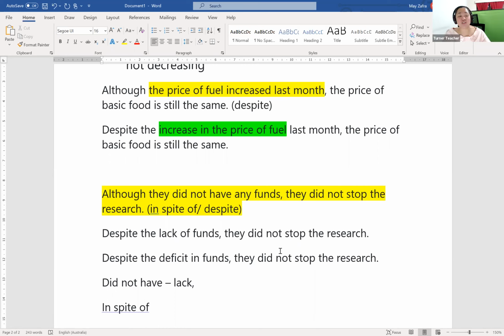And in spite is followed by what? By adjective. Okay. Despite the slashed price. Slashed, is that a noun?